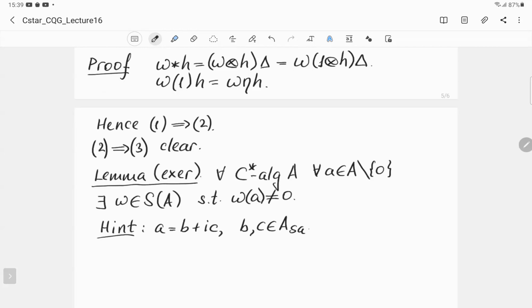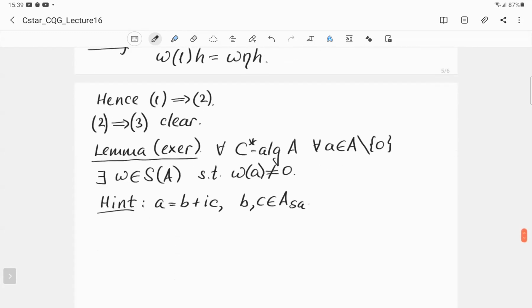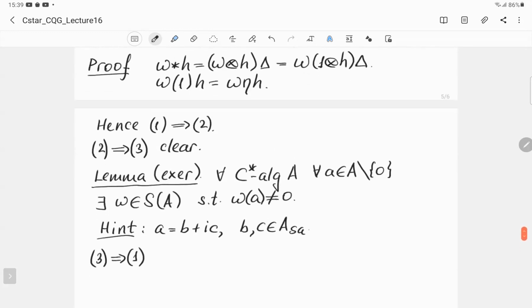Okay, now to complete the proof, we have to show that 3 implies 1, or equivalently 3 implies 2. Well, it's really more convenient to prove that 3 implies 1. So formula 3 means that omega applied to (1 tensor h) delta minus eta h is 0 for each state.